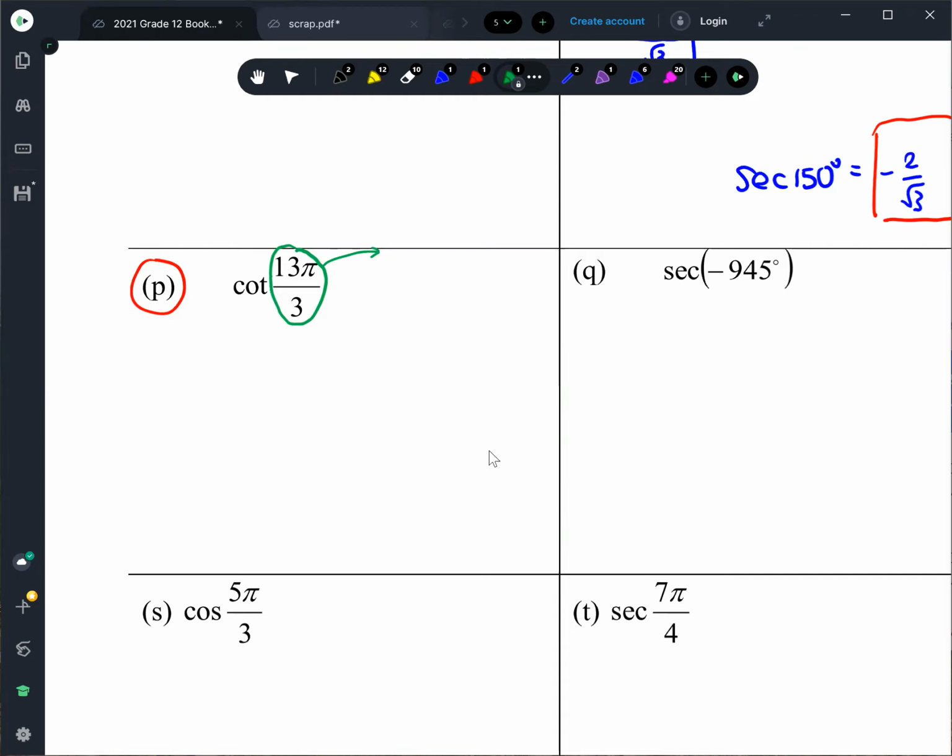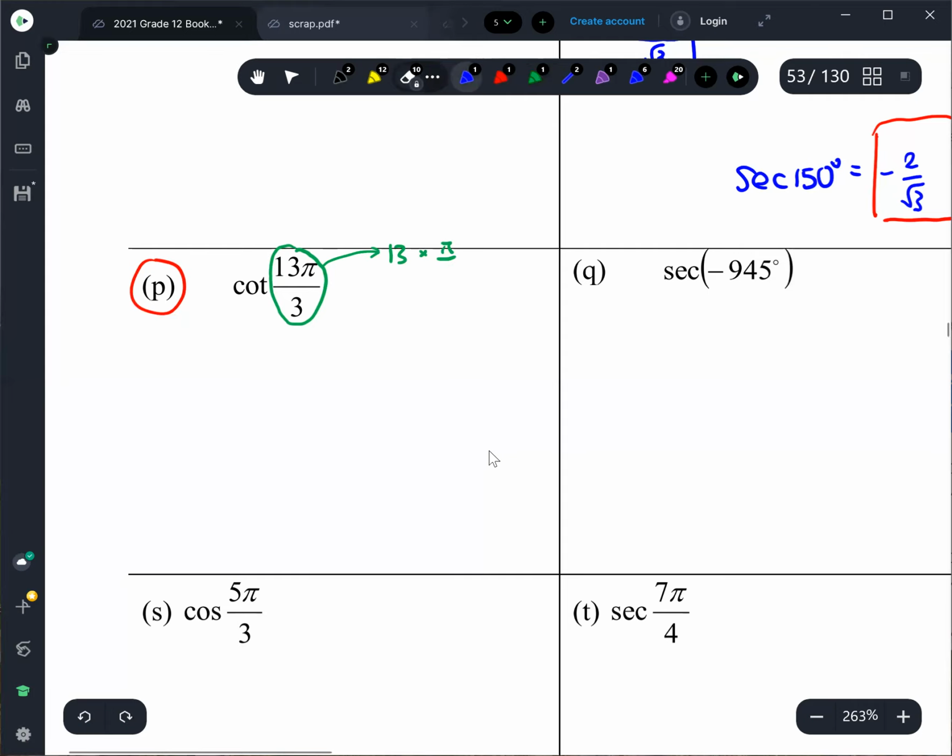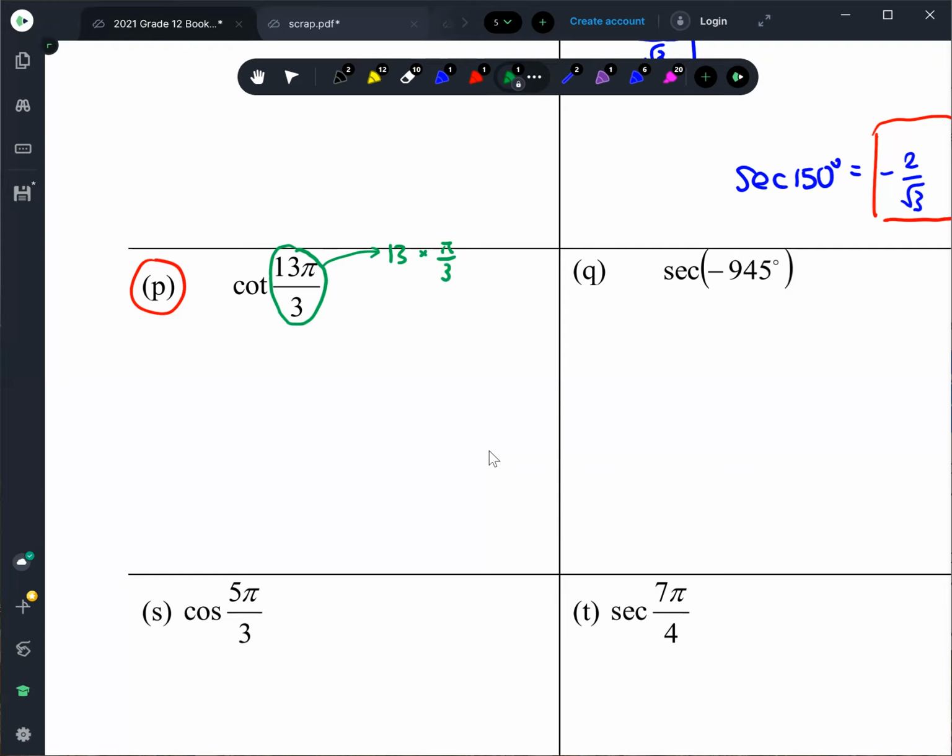So we have 13 pi over 3. That means you have 13 times the pi over 3. You have 13 slices. Oh, I wrote pi over 6. Should be pi over 3, right? Think about slices: 13 slices of pi over 3.